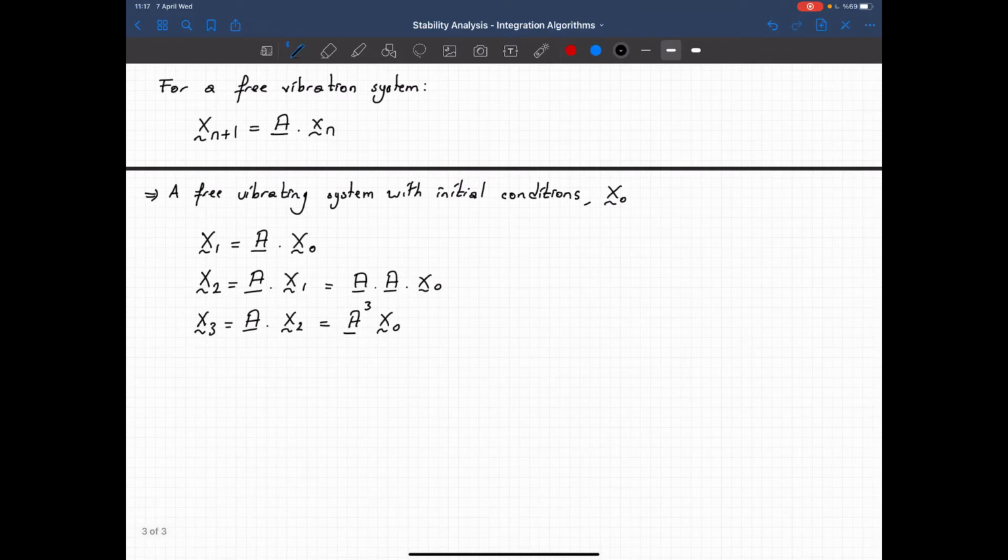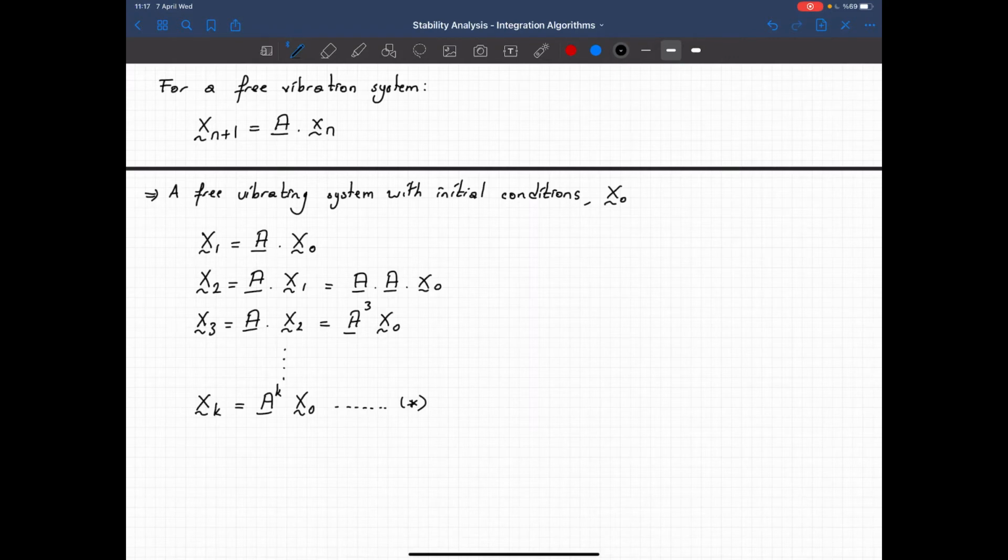So if I continue, at the end of the day, I should have the following: x_k, the values at the kth time step, should be equal to A to the power k multiplied by x0. Okay, so let's call this one equation star.